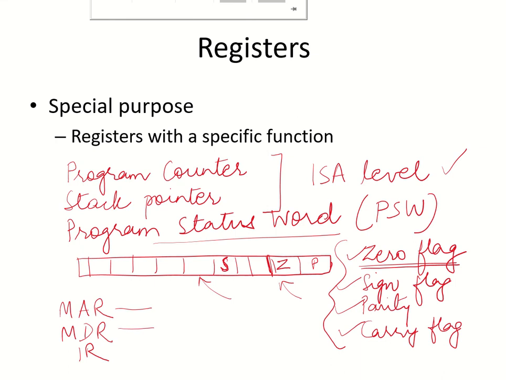Memory data register holds the data that is being transferred between the processor and the memory. Instruction register, as you know, holds the instruction that is currently being executed. There could be some more. These are special purpose registers, and these are only visible at the microarchitecture level. They are not available or visible at the ISA level.